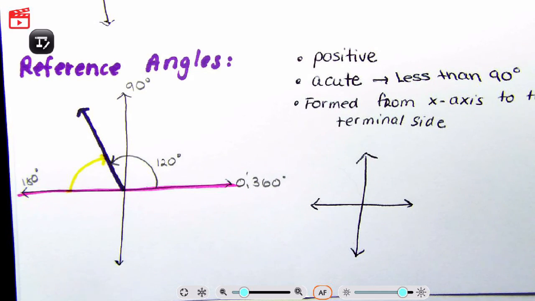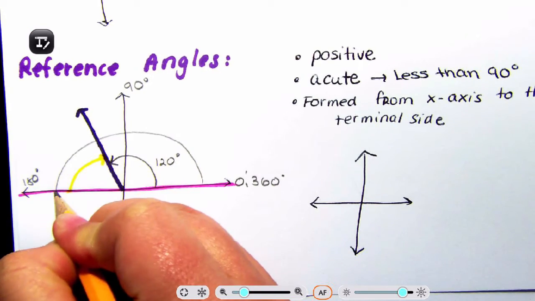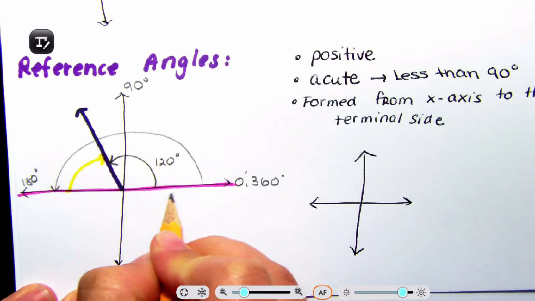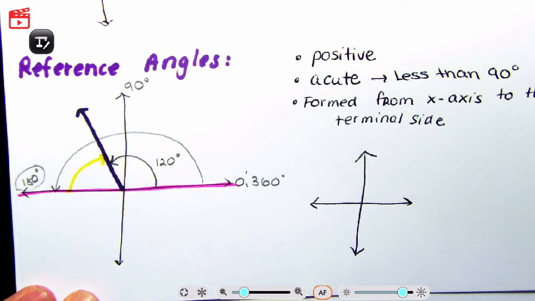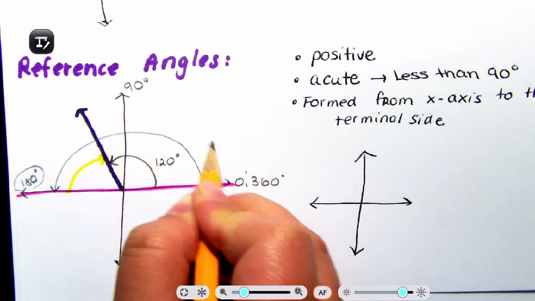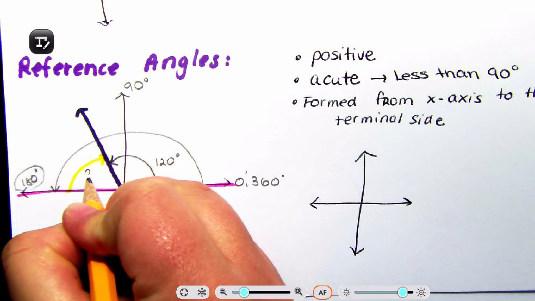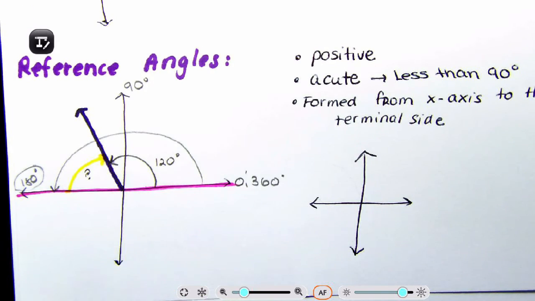What do we know? We know that the entire line of your x-axis is 180 degrees. If I have gone 120 degrees, I should go 180 degrees to complete that half circle. So what is the distance here to get to 180 degrees?